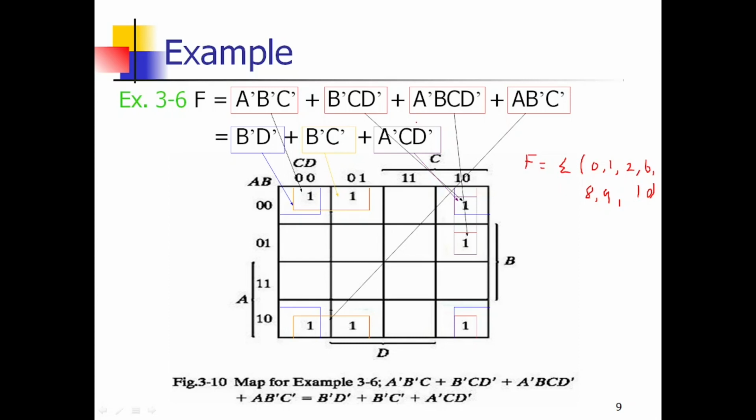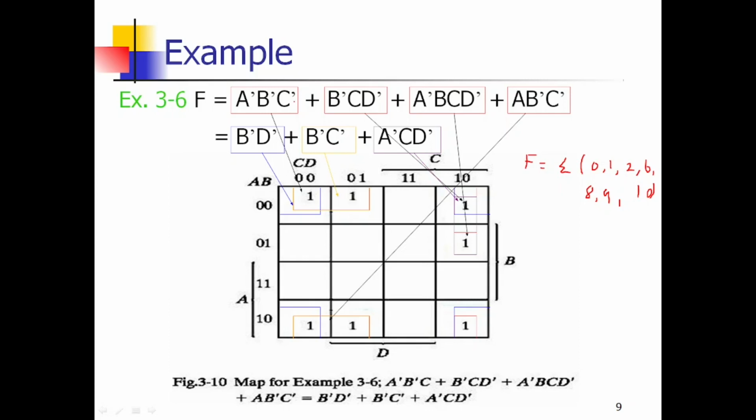Actually, this Boolean function is given as a sum of product. The sum of product Boolean function has to be converted to sum of minterms. We have discussed in the previous video how to convert a sum of product to sum of minterms, that is, how to convert a standard form to canonical form.